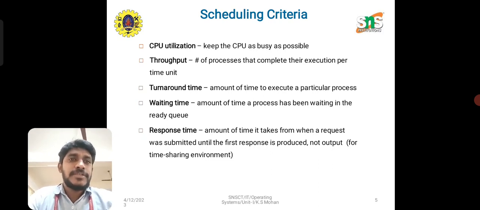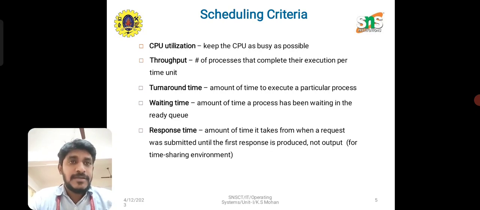Then turnaround time is the amount of time to execute a particular process. A process might take more than a certain time to execute entirely, and that total is the turnaround time. Then waiting time is the amount of time a process has been waiting in the ready queue.